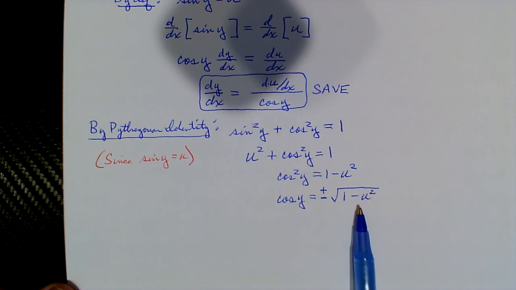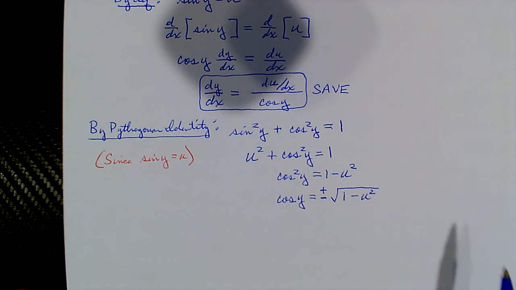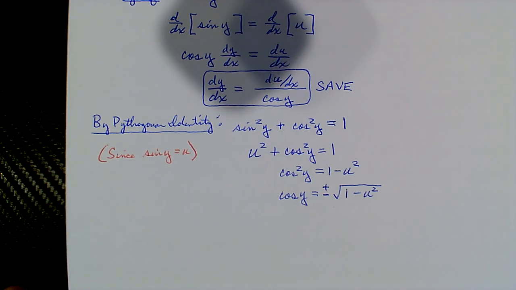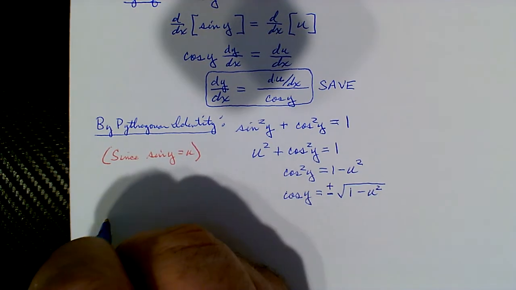So now we have to argue why it is that we're going to be able to take only the positive square root of this. And so you want to write a nice college-like sentence here, and this is going to be 3 things we'll address.